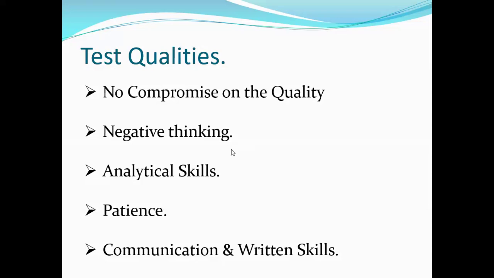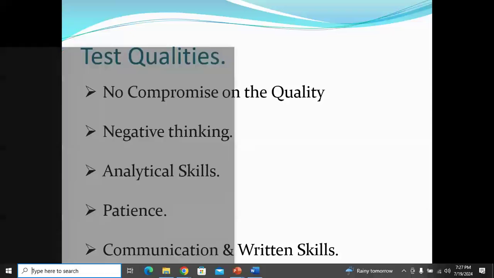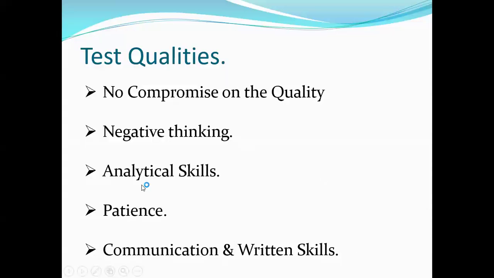If you find any defect, don't report it immediately. Just check where it is causing the issue, what the root cause is, and whether it is happening for you only or for every tester. So analytical skills are also very important.